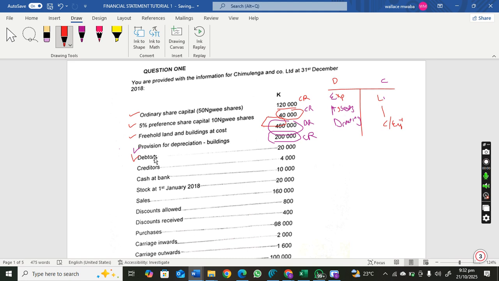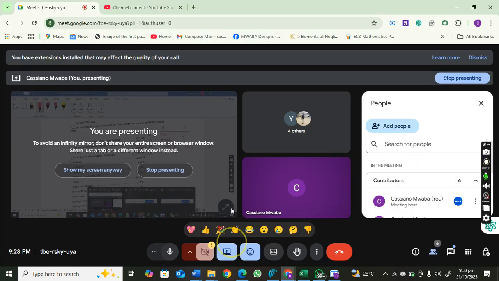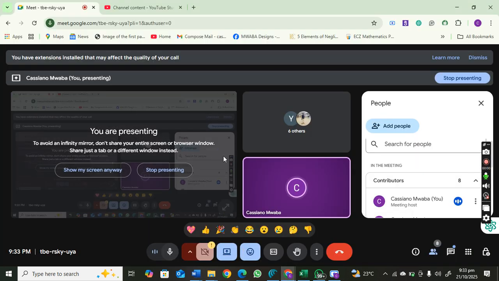Good evening, sir. I just wanted to find out, why are you crediting the provision for depreciation? Yes, provision for depreciation is a contra asset account. It reduces the value of an asset account. So a contra asset account acts in the opposite way of an asset account.